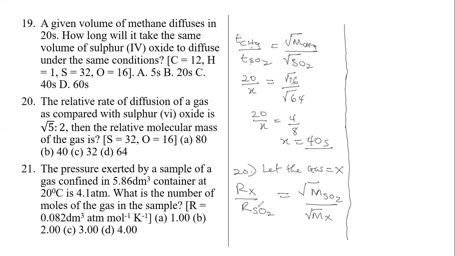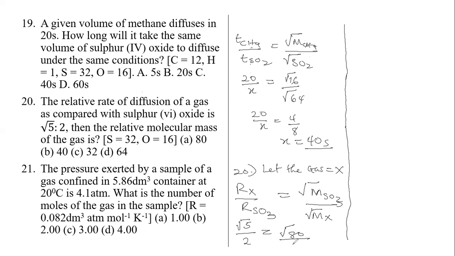All right. Now, the ratio of the rate of diffusion of the gas X to this one is root 5. So the rate of gas X is root 5, so we got that come first. Then the rate of SO3 is 2. Then the molar mass of SO3, it is sulfur 6 oxide, so that's going to be root 80.